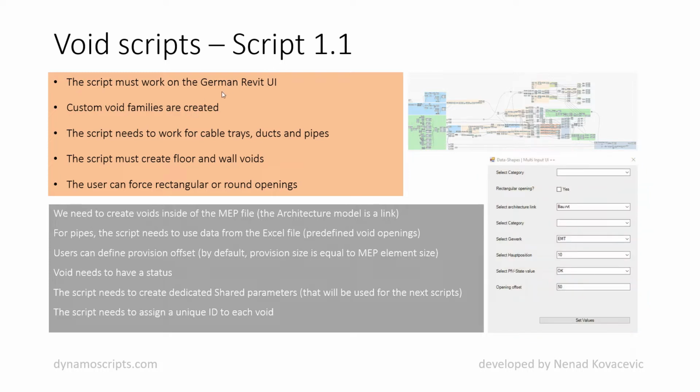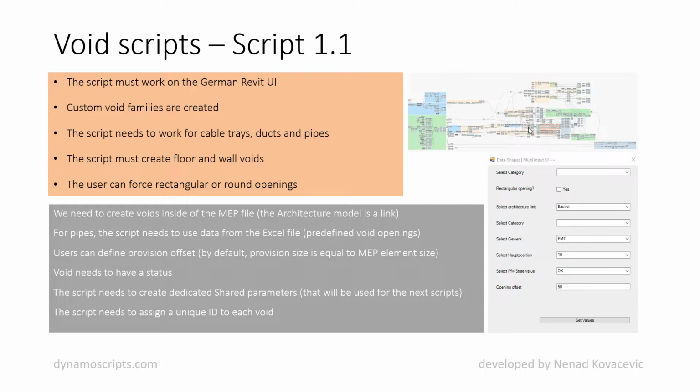So for example, default behavior for the script is when you run the script for the duct and pipe, provision will be round because we are dealing with round elements. But you can click over here on this rectangular checkbox and you can force script that even for the round elements create rectangular openings.